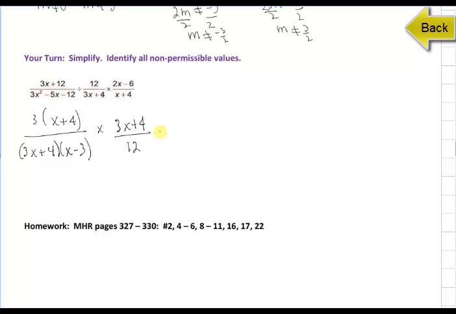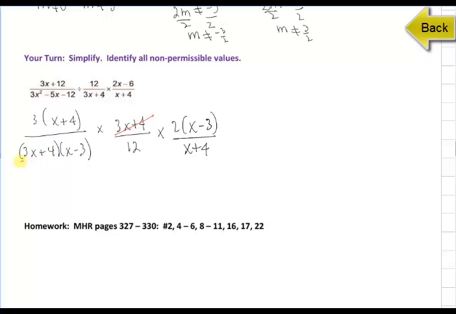Okay? And then times, and we leave the 2x minus 6 in the numerator, but we'll factor out the 2. And then of course x plus 4 cannot be factored. Okay, so let's reduce what we can.